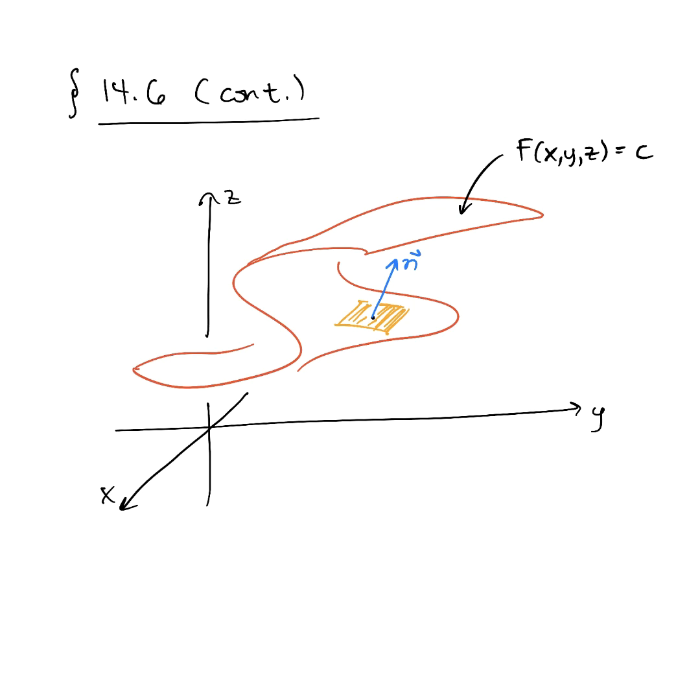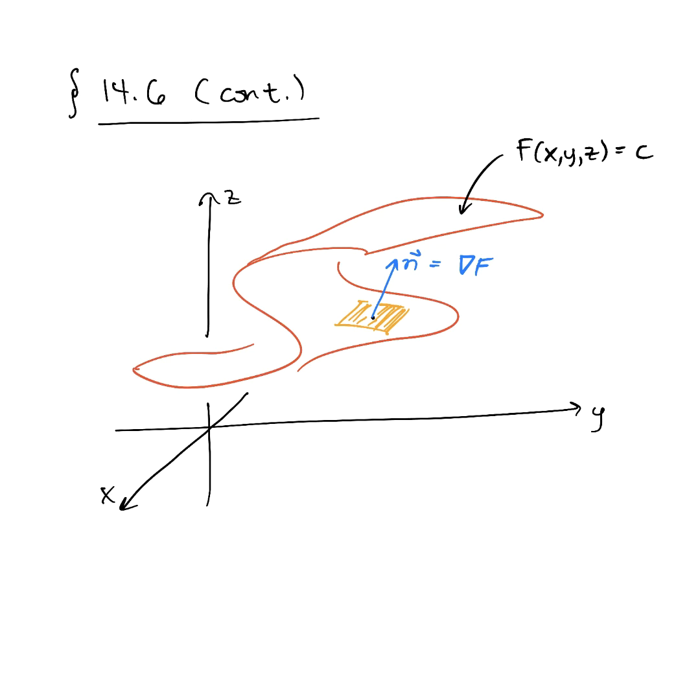And what you know is, in thinking of that surface as the level surface for the function capital F, meaning that's all the points x, y, z in 3-dimensional space that make big F come out to C, you know that the normal vector you seek is nothing other than the gradient of big F, evaluated specifically at that point on the surface.